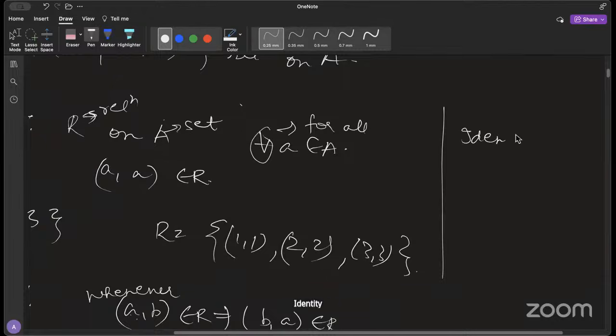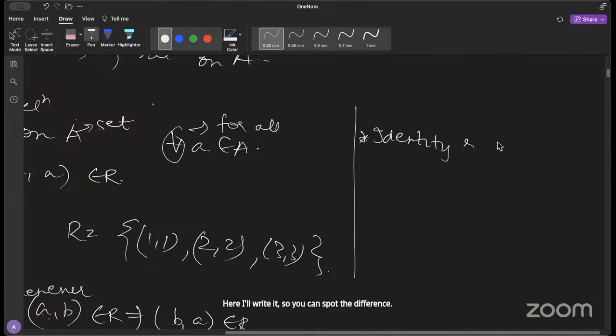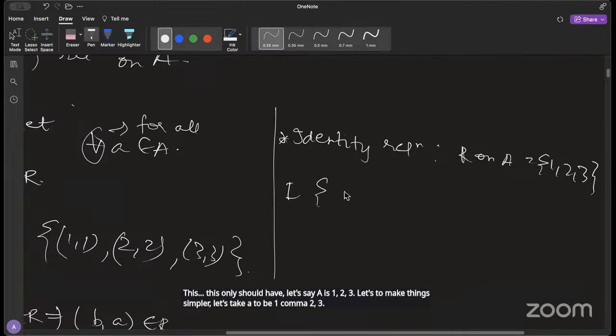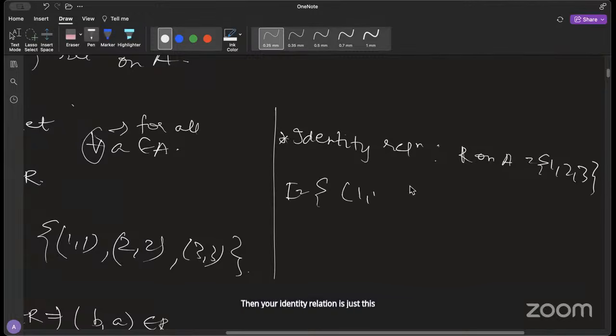Identity on A means, or identity relation on A means, here I'll write it so you can spot the difference. Let's say you have to define R on A. To make things simpler, let's take A to be {1, 2, 3}. Then your identity relation is just this: (1,1), (2,2), (3,3).